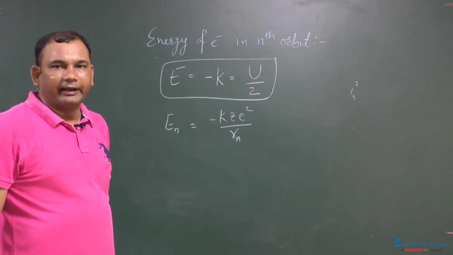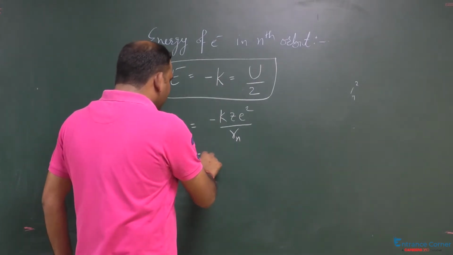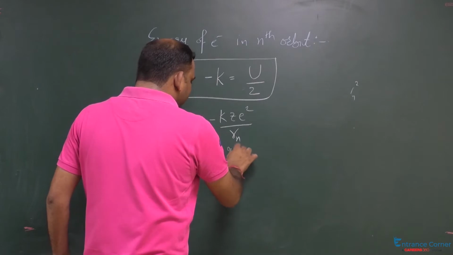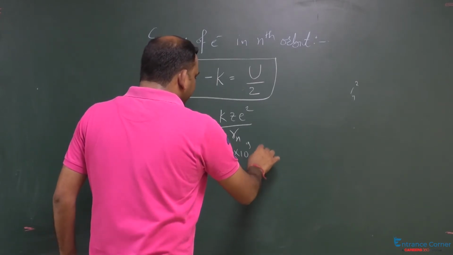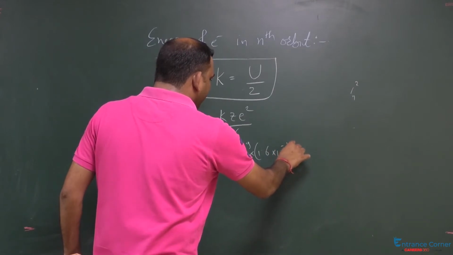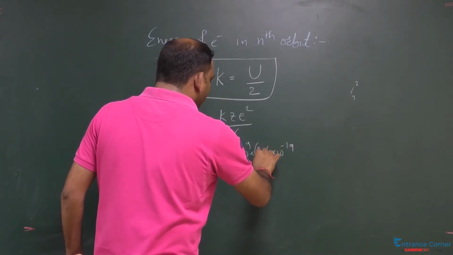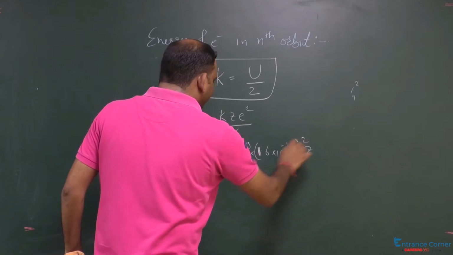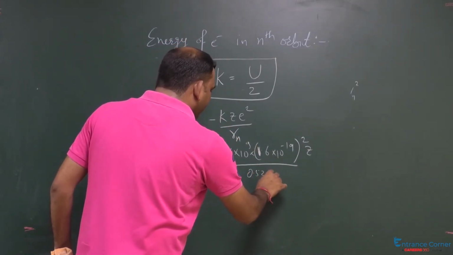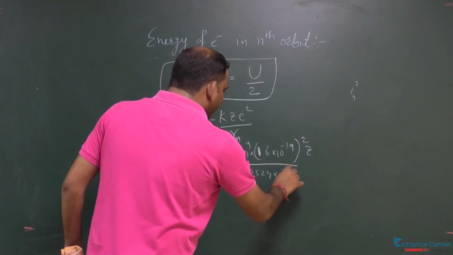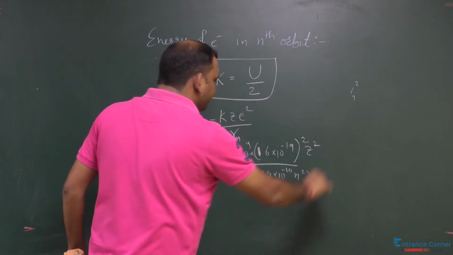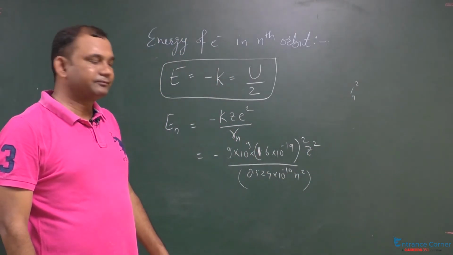Put the value of Rn: minus K, where the value of K is 9 into 10 raised to power 9, E is 1.6 into 10 raised to power minus 19 whole square, into Z upon Rn, which is 0.529 into 10 raised to power minus 10 n square by Z. Z will go upside, so it becomes Z square.